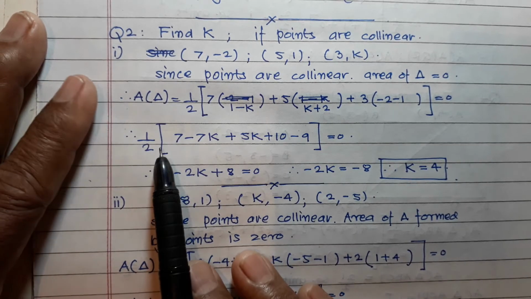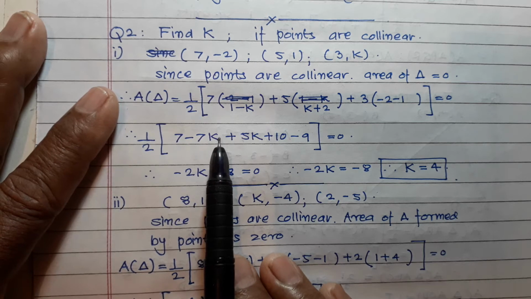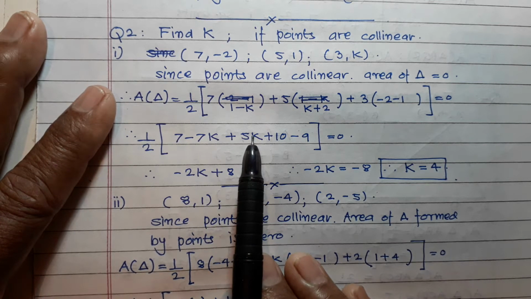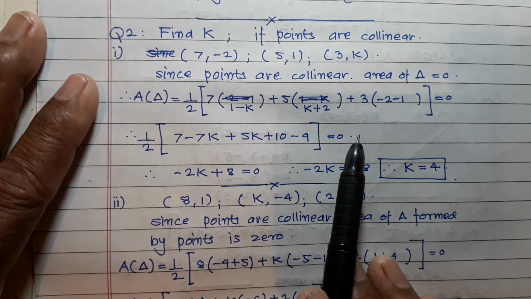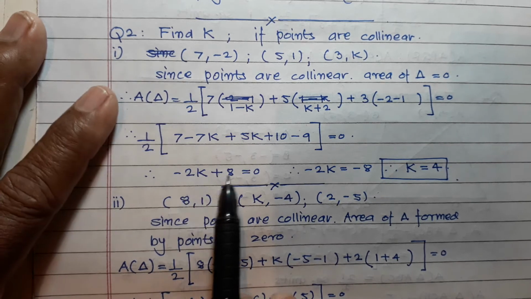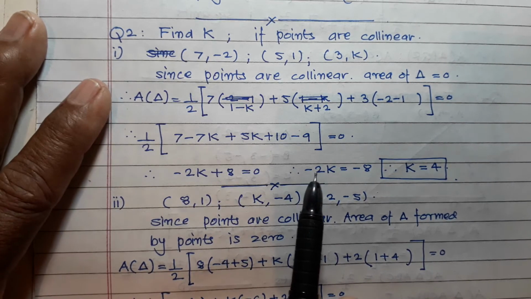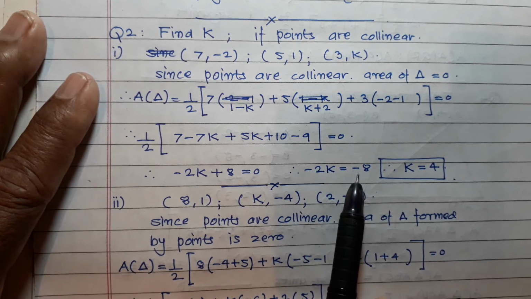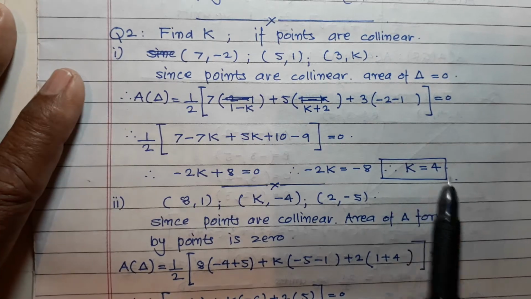So therefore 1 upon 2, 7 minus 7k plus 5k minus 10 minus 9 is equal to 0, and therefore this, minus 2k plus 8, is equal to 0, and therefore minus 2k is equal to minus 8, and hence k is equal to 4.